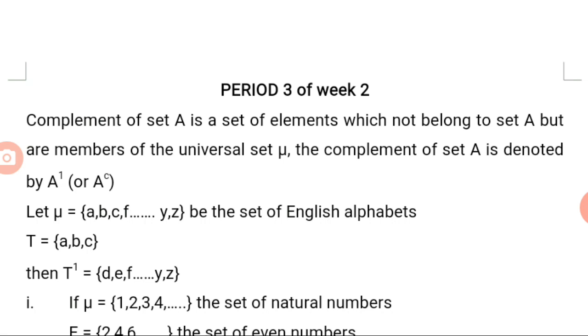Now, let the universal set be A, B, C, D, E, F up to Z. Let the universal set be the set of English alphabets.